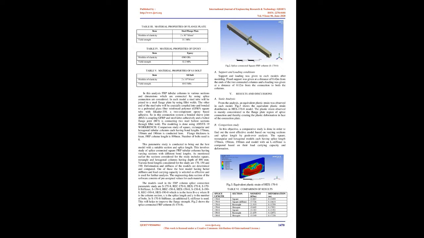The FRP square column is of size 102 x 102 x 9.5 mm, the rectangle is of size 92 x 112 x 9.5 mm, and the hexagonal column is of size 63.28 x 9.5 mm. The model's material properties were chosen from the engineering data section of the ANSYS software.